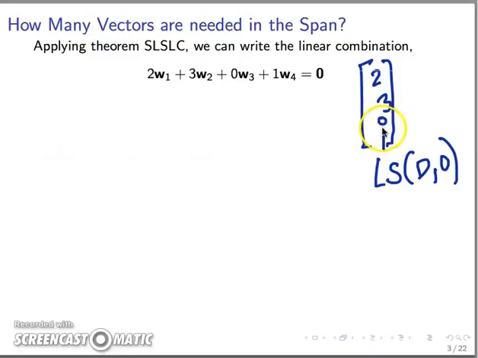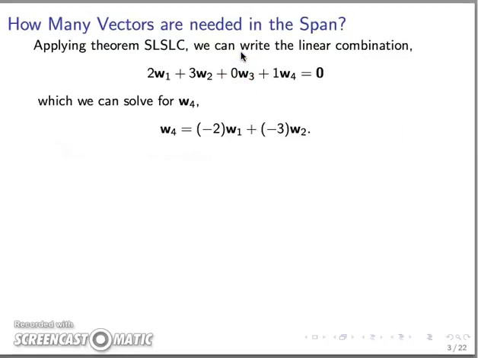But there will be an exploit here, and that follows from the fact of having one of these coefficients being 0. Because this is a vector equation, on both sides of the equal sign, we can solve for one variable, in this case the one that has coefficient equal to 1.